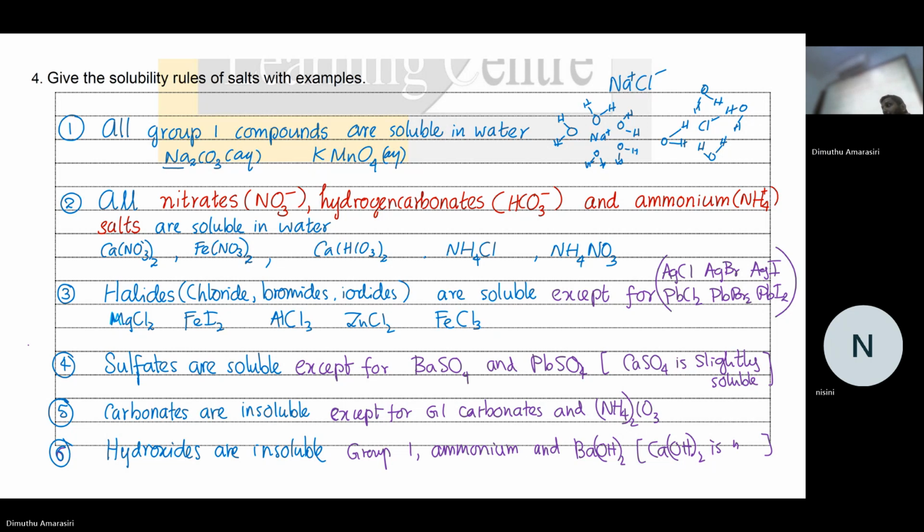Second rule. What about the first rule? Is it a black and white rule or not? Black and white rule means either black or white, no gray. So it says all.